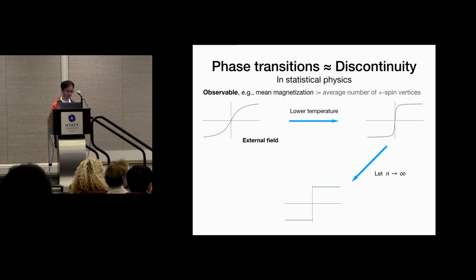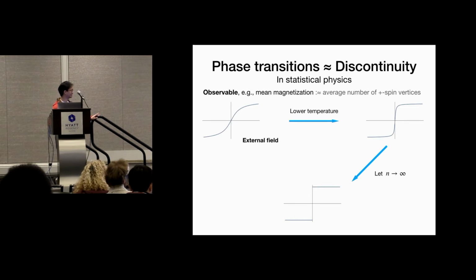Okay, so what is the phase transition in classical statistical physics? Roughly speaking, it is defined to capture discontinuity of observables. As you change some parameter of the system, you will see some macroscopic observable change continuously initially.